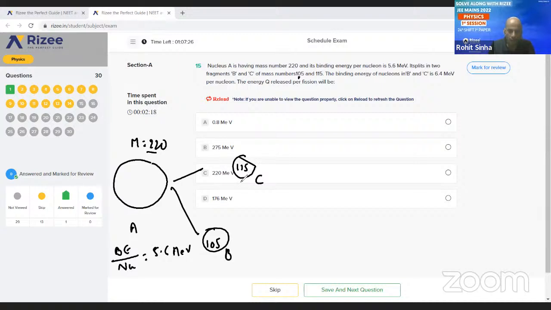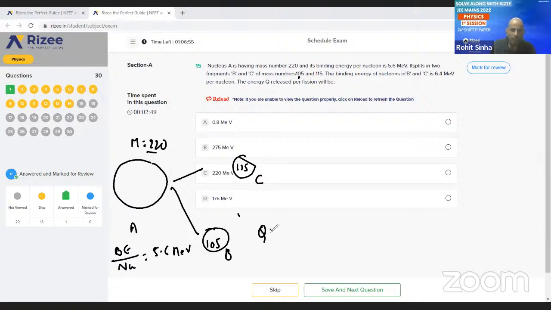If we add up these two, we will get 220. We will find the energy difference between the product after the nuclear reaction and the reactant before the nuclear reaction.